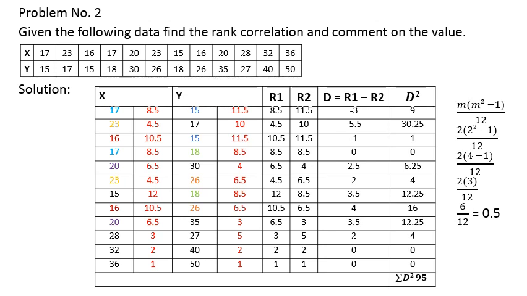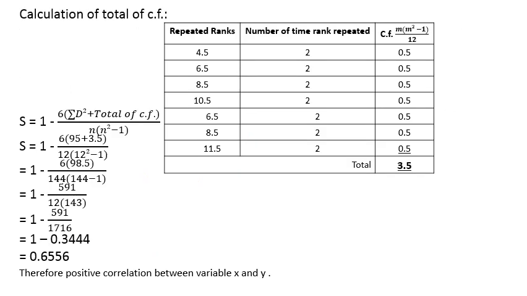If you add up these D square values, you get sigma D square, that is 95. Now you substitute in the formula S equal to 1 minus 6 into sigma D square plus total of correction factor divided by n into n square minus 1, because the total of correction factor you have to find out. Now for calculation of the total of correction factor, using 3 columns you can find: repeated ranks, number of times rank repeated, and CF, correction factor, m into m square minus 1 divided by 12.